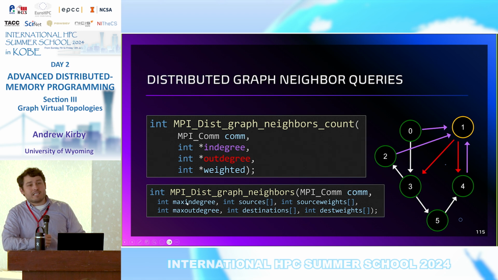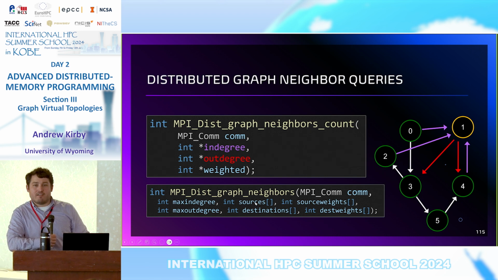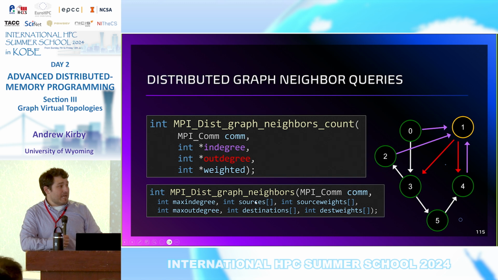You can say, hey, only give me the first 10 ranks that I'm getting information from. Then sources will be of size 10, and it's going to provide me the first 10 ranks or nodes that I'm actually getting information from. Does it make sense?